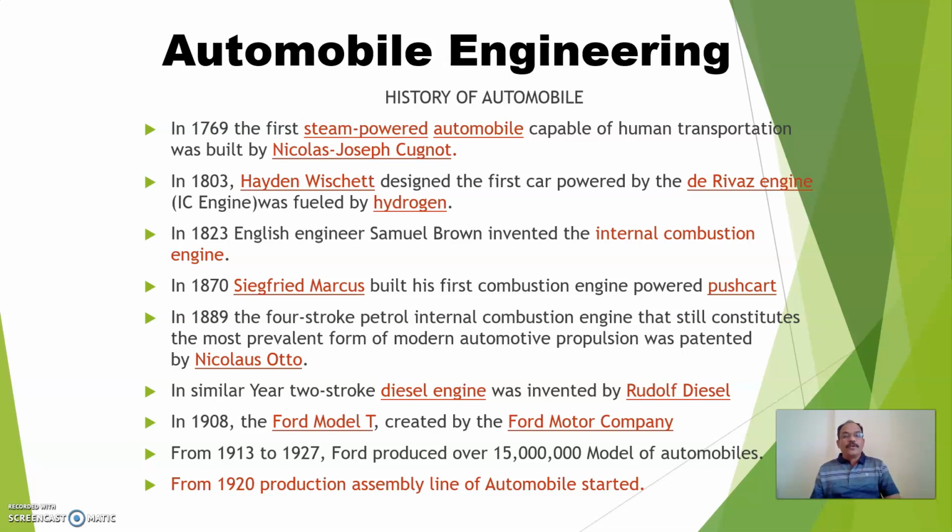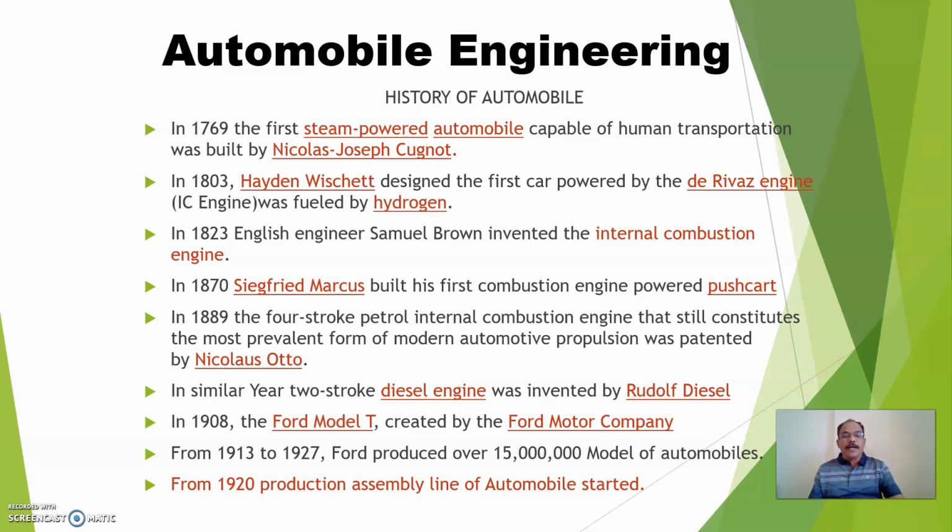Then from that onwards, in 1823, the internal combustion engine era started. But there was a period of 50 years to develop these engines, from 1823 to 1870. Then pushcart type vehicles running on a combustion engine were developed.